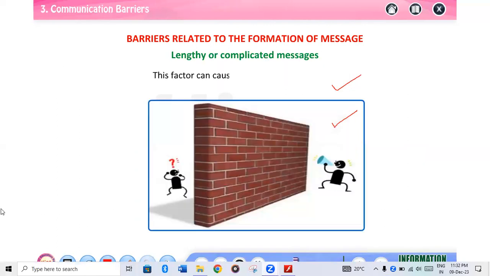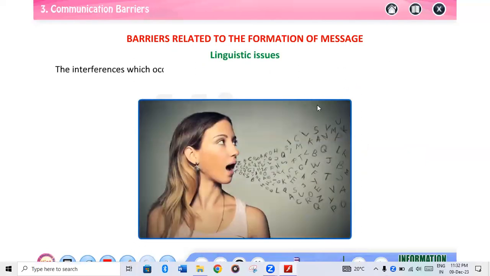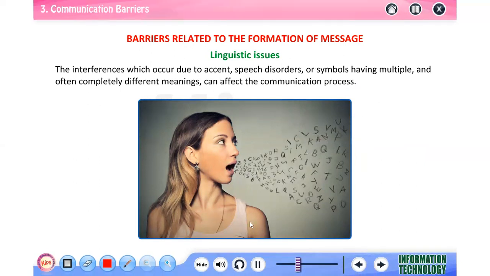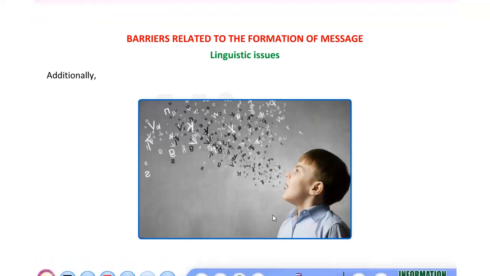This factor can cause a communication barrier. Linguistic issues. The differences which occur due to accent, speech disorders, or symbols with completely different meanings can affect the communication process. So, barriers related to the formation of message.